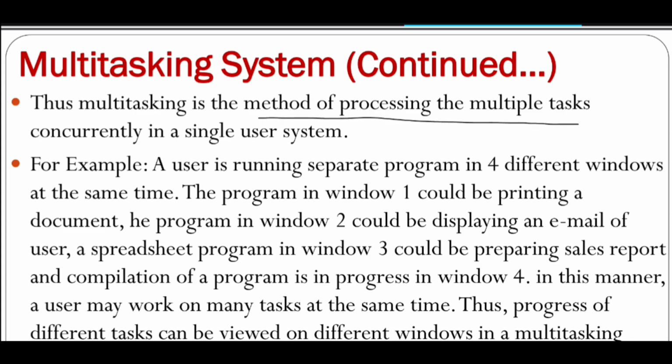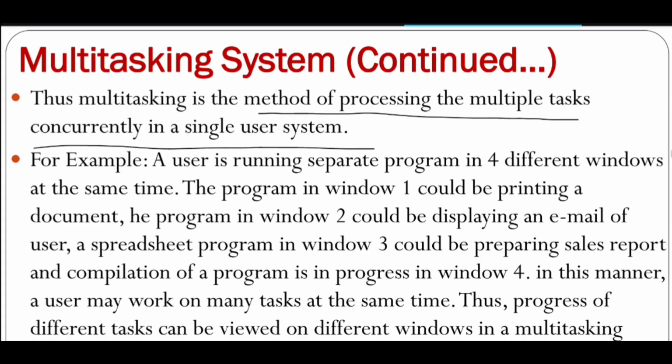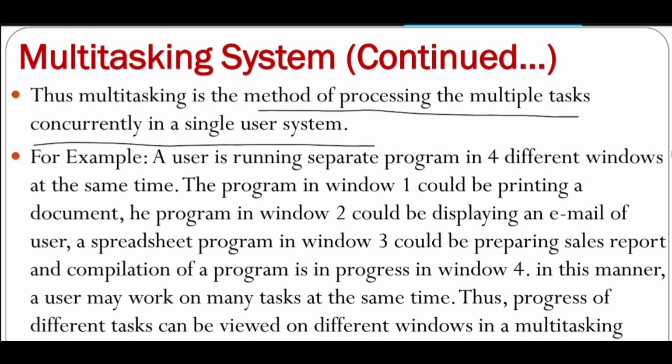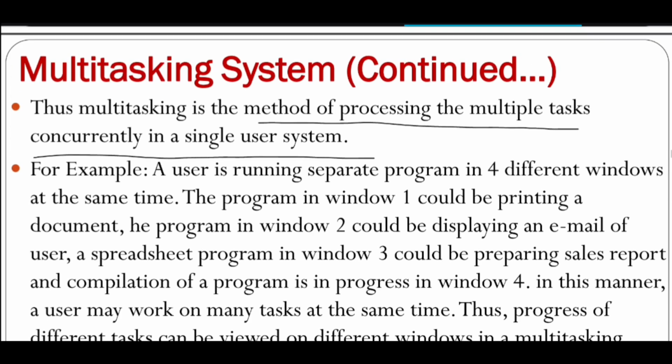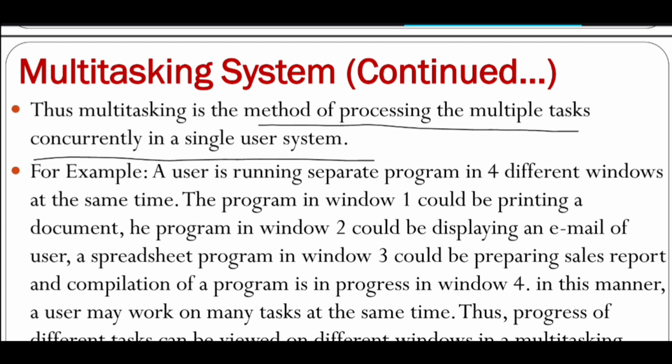Multitasking is a method of processing multiple tasks concurrently in a single user system. How is the concurrency implemented? I have already discussed that the CPU is executing one process, but when the user switches windows, the OS is switching the programs or processes.